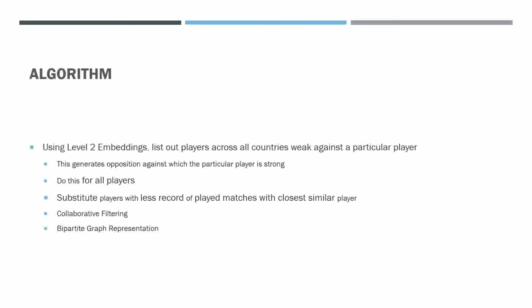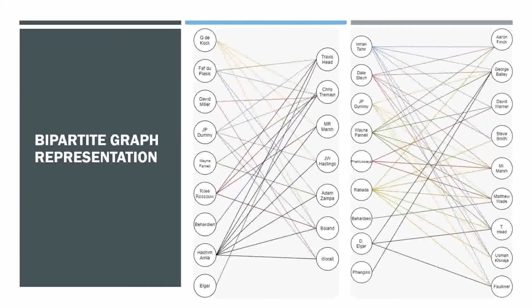So we see which player in our team is most similar to that player, and when we find that player, we can draw an edge from the player A in the opposition team to our player. This way we can get a bipartite graph as follows.